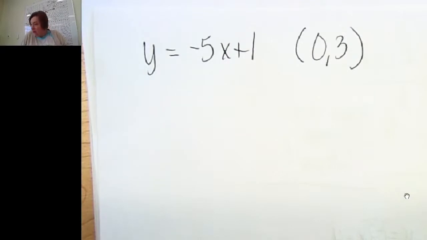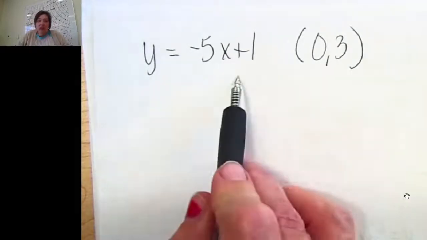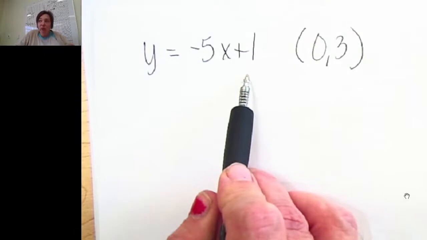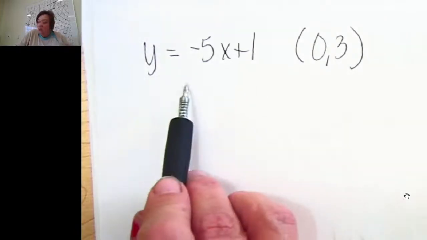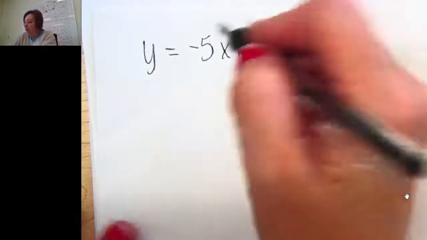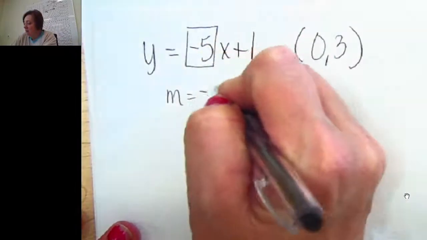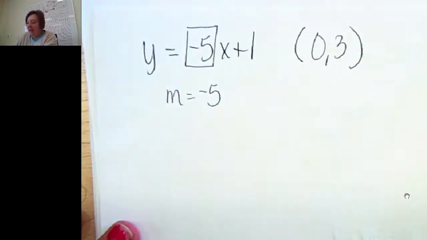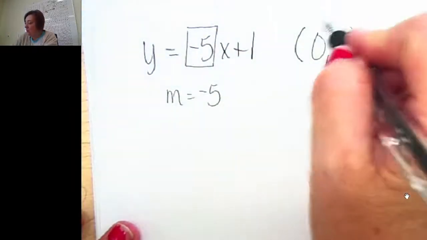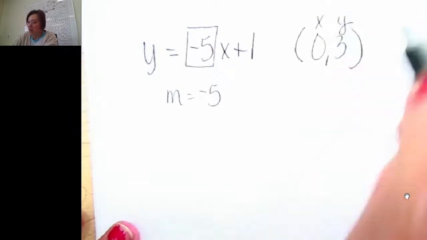So we've got this, right? And I know it's parallel to this line. So if it's parallel to this line, what do I know about lines that are parallel? Same slope. So what's the slope of this line right here? Negative 5. So that means the slope of my new line is negative 5, right? And I know my line goes through this point where x is 0 and y is 3.